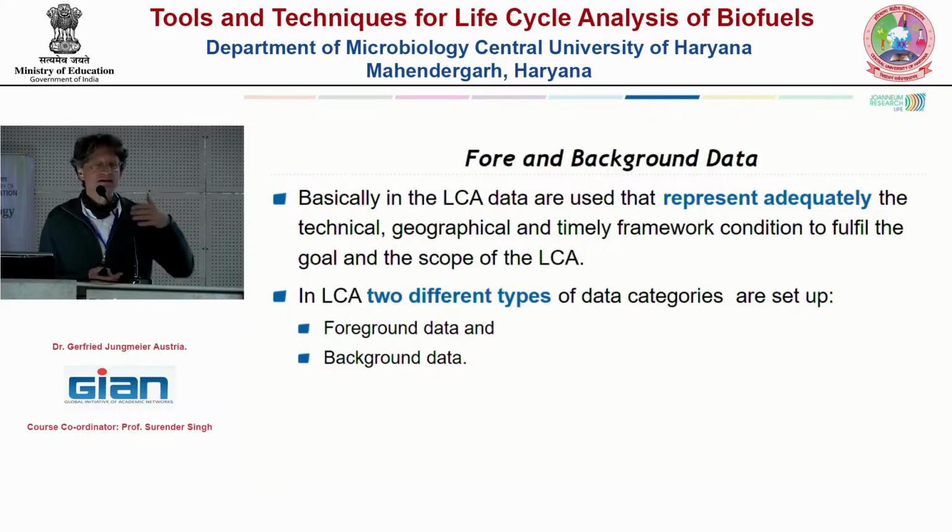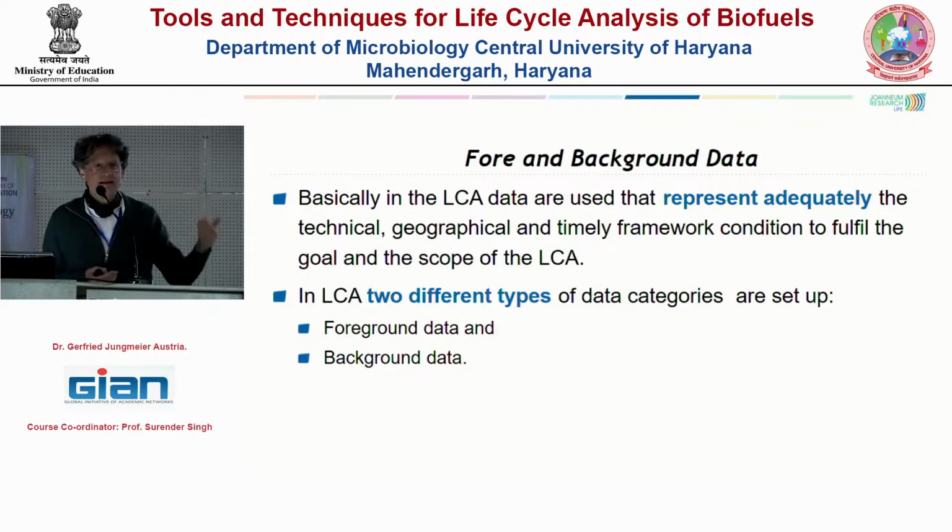You know the details of a specific vehicle. So these are the foreground data, very project relevant. So if I visit the bioethanol facility, they have to tell me what is their steam demand, what is their electricity demand, how much raw material grains are going in, what is the water content of the animal feed coming out. All these technical data of the specific system must be taken from the specific system as far as available.